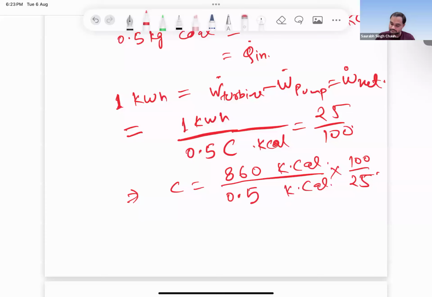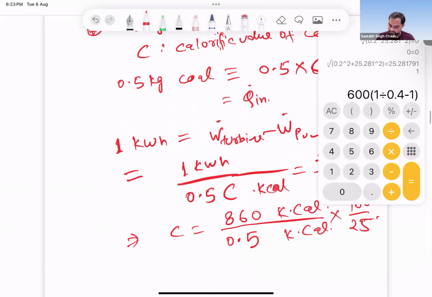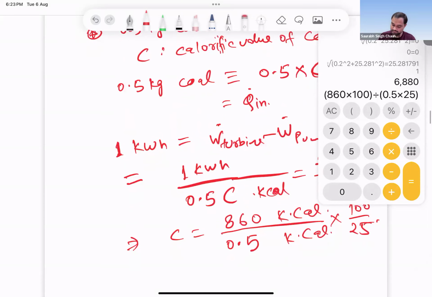Okay, so we can calculate this value. Eight sixty multiplied by 100 divided by 0.5 into 25. So it is coming out to be 6880.